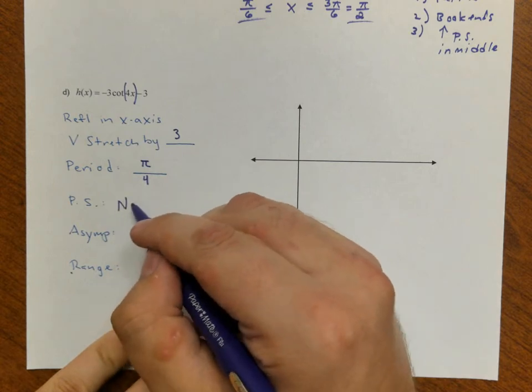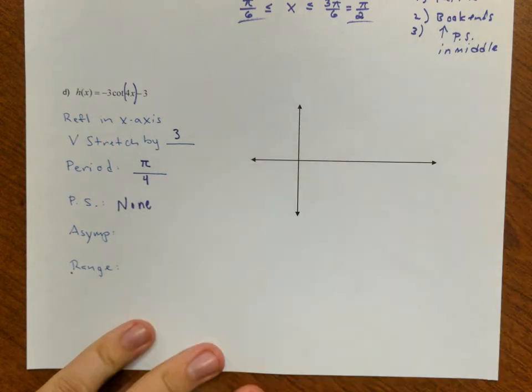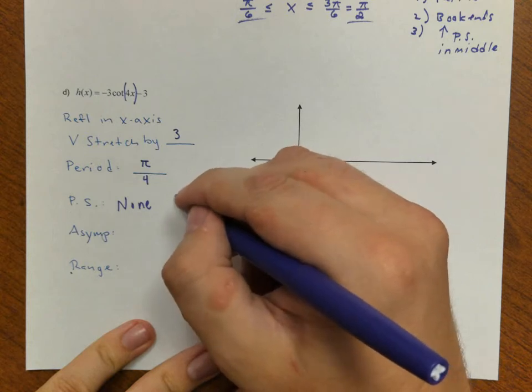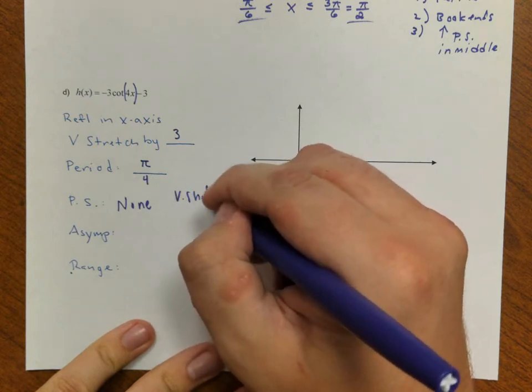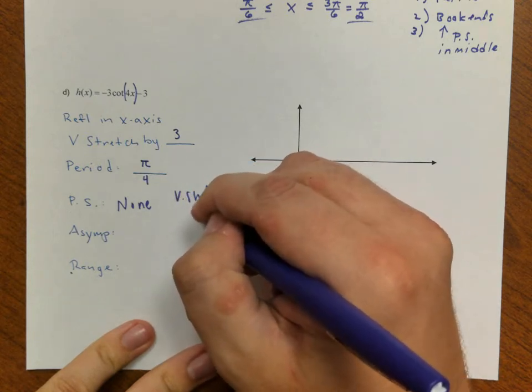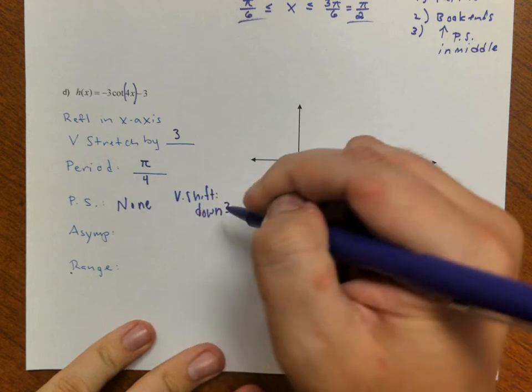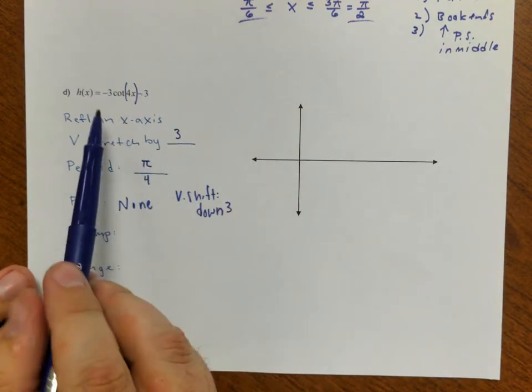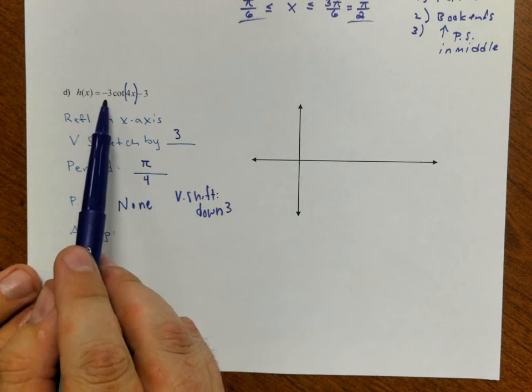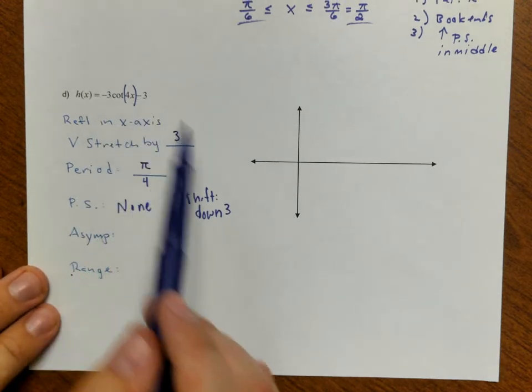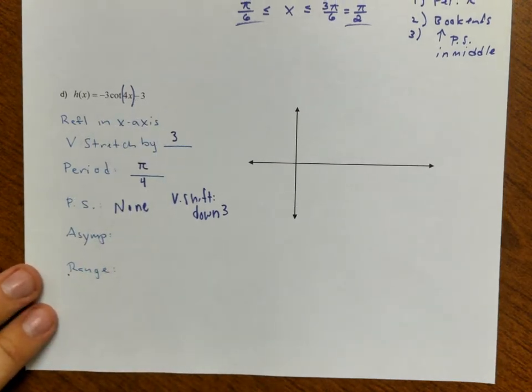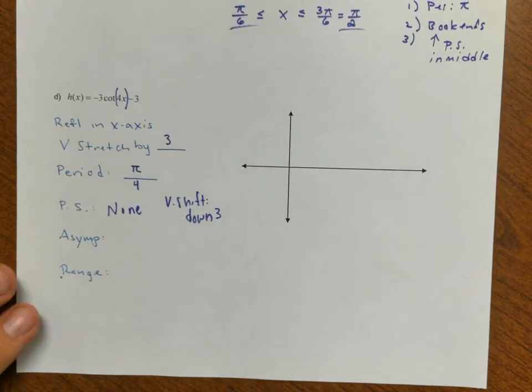There's no phase shift. But what there is, and I forgot to write it here, is a vertical shift down 3. This right here is a reflection in the x-axis, a stretch by 3, and this minus 3 means we are shifting down 3 units.